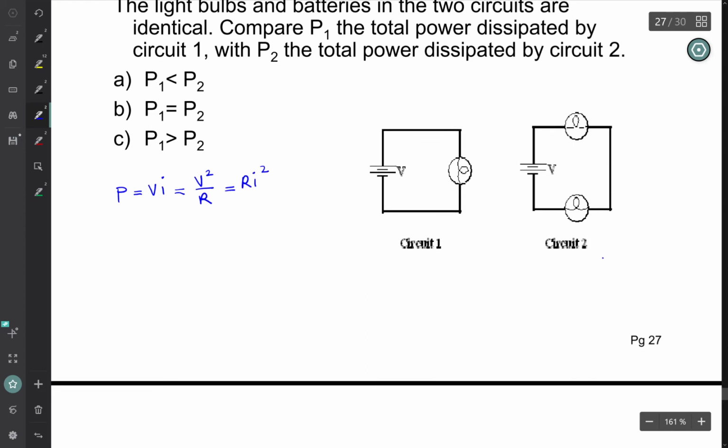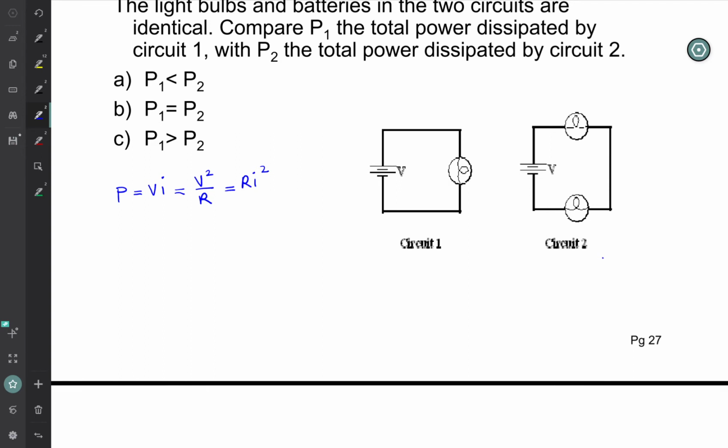So you could use any of the three equations in order to calculate the power dissipated by a light bulb.